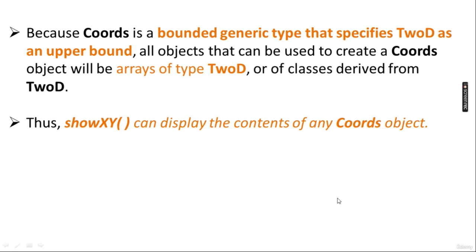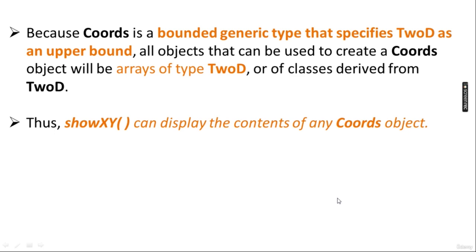Because Coordinates is a bounded generic type that specifies TwoD as the upper bound, all objects that can be used to create a Coordinates object will be arrays of type TwoD or of classes derived from TwoD. Thus, showXY can display the contents of any Coordinates object.